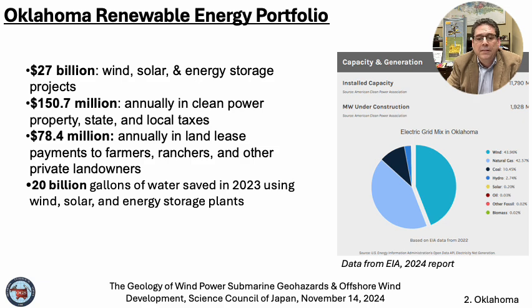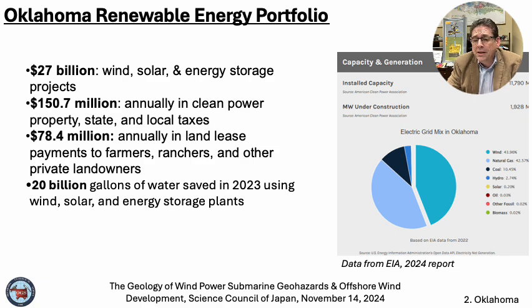It makes money: $27 billion of storage projects, annually $150 million of tax revenue, and including payments for leases to ranchers and farmers and private landowners who lease their property, and saving a lot of water. Basically water is saved by producing energy from wind and renewables.